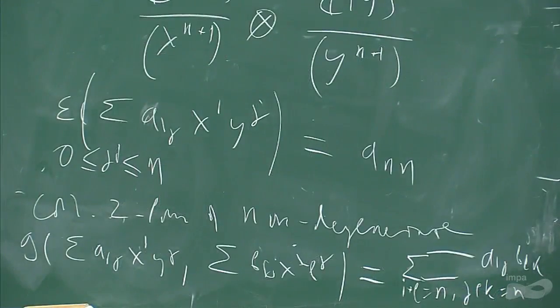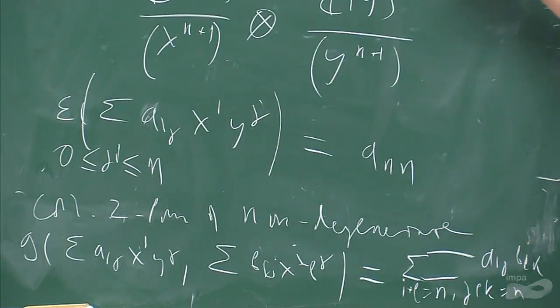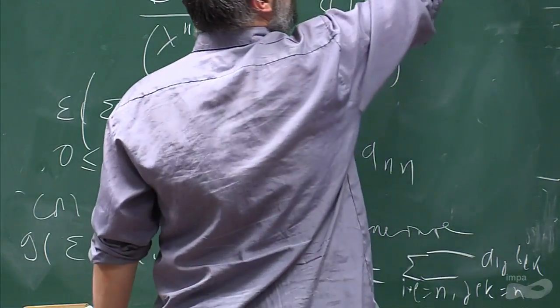Right? This is easy. And this is obviously a non-degenerate form. It has this matrix.